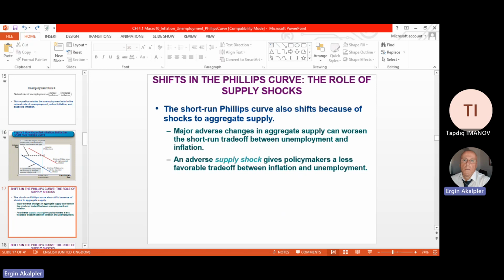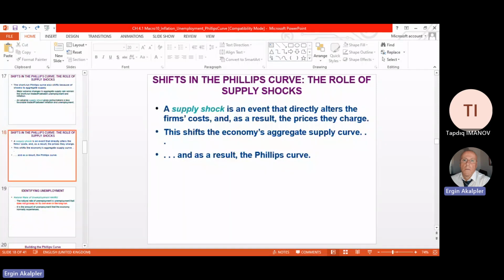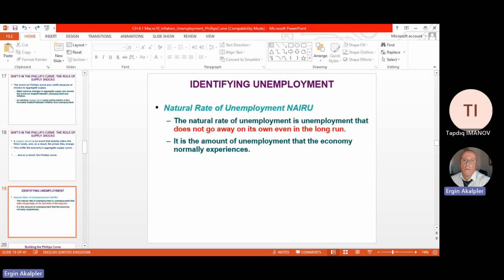A supply shock is an event that directly alters the firm's costs, and as a result, the prices charged. This shifts the economy's aggregate supply curve, and as a result the Phillips curve is again affected.